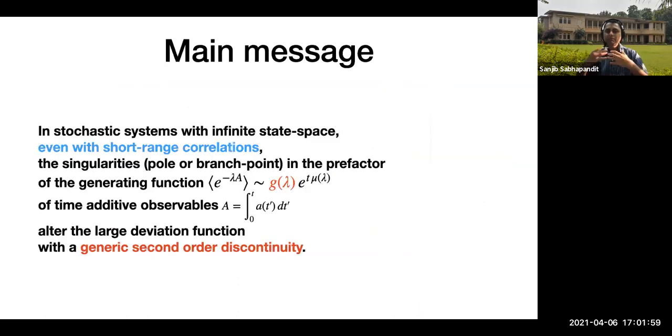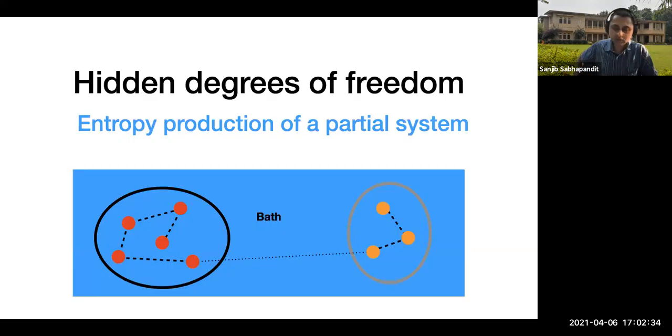Okay, so the main message of this is that in stochastic systems where your state space is infinite, even with short range correlations, you can have singularities in the prefactor of the generating function of this additive observable, and these singularities alter the large deviation function, and when they alter it, it alters with a generic second order discontinuity. Okay, and so this is basically the main message of this talk.